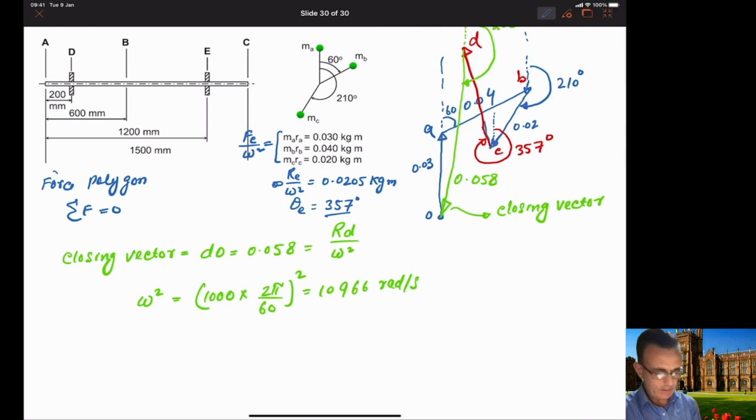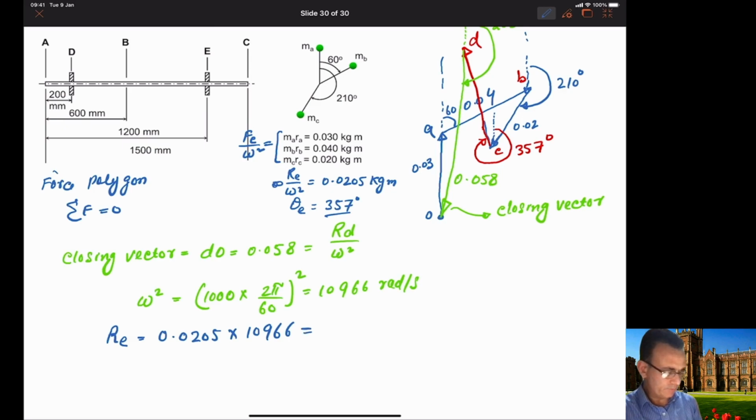Okay. So the reaction force RE will become 0.0205 times 10966.